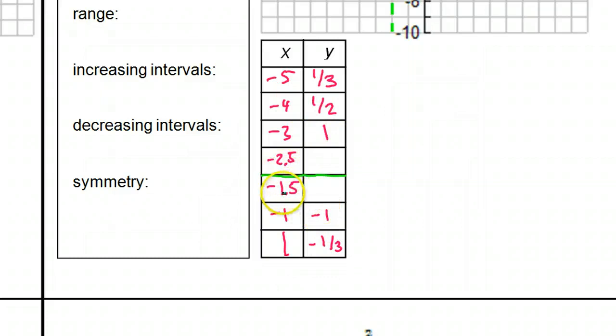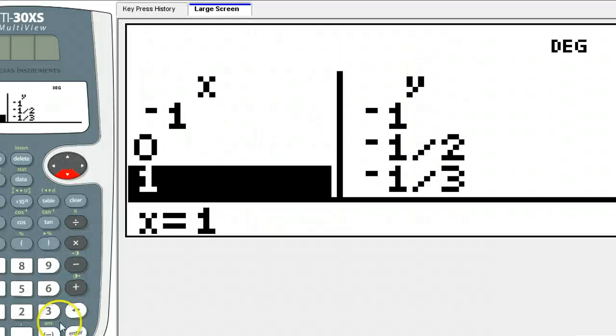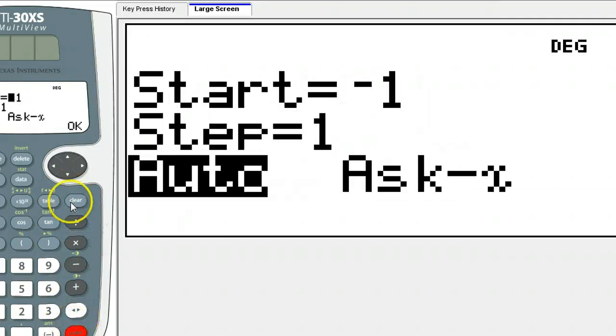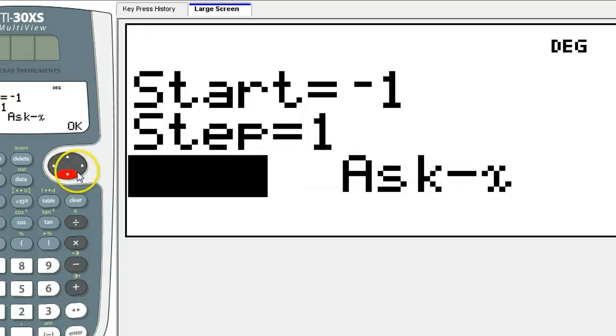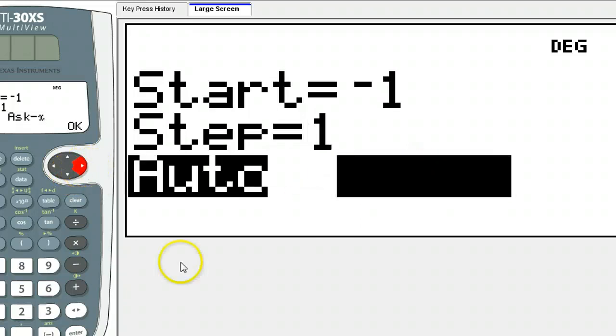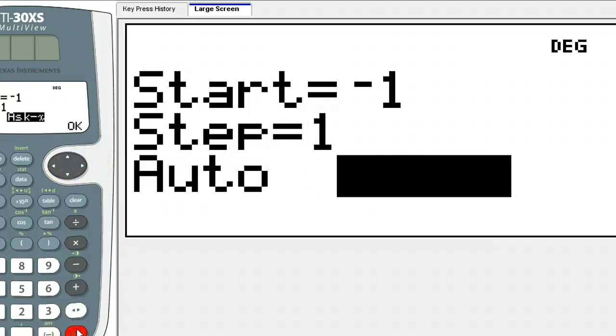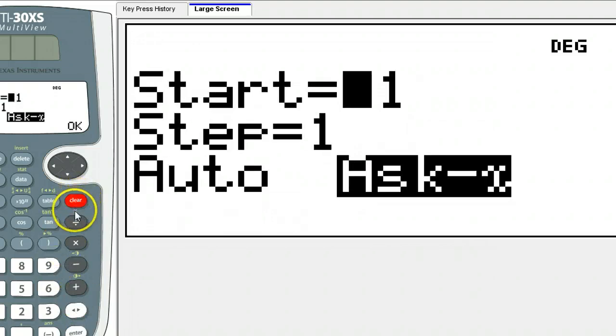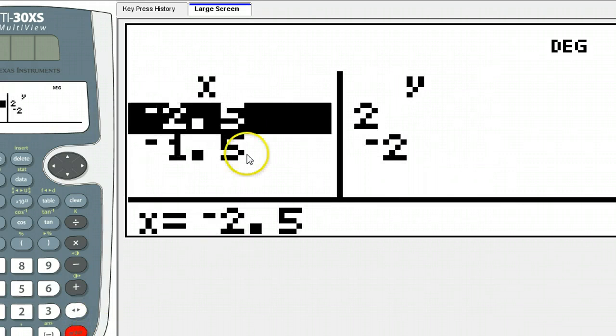Now for the decimals, it is helpful to use the ask feature. So come back to your calculator, hit the table button, hit enter, and this time, instead of doing auto like usual, let's do ask. Okay, you might not have any values here. It doesn't matter.